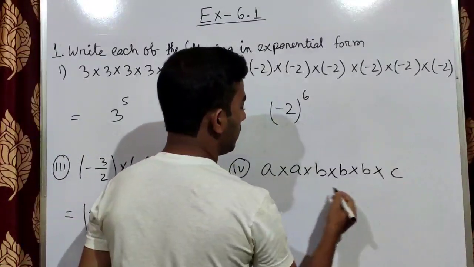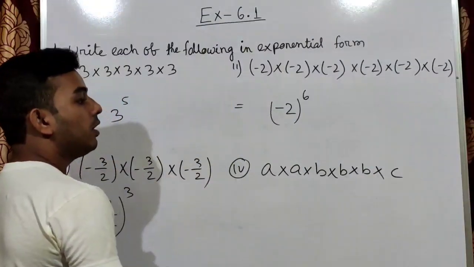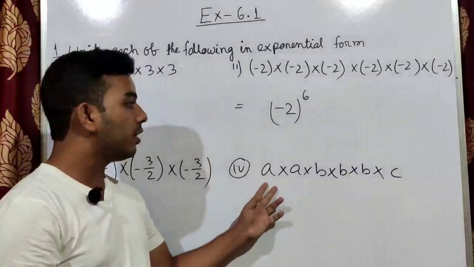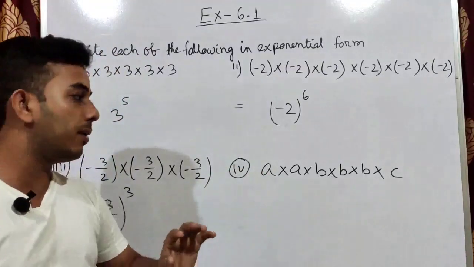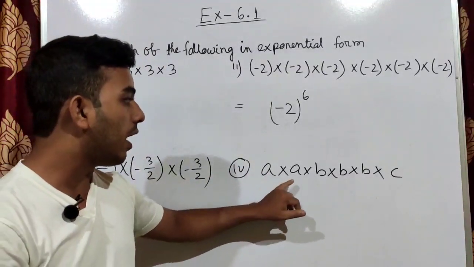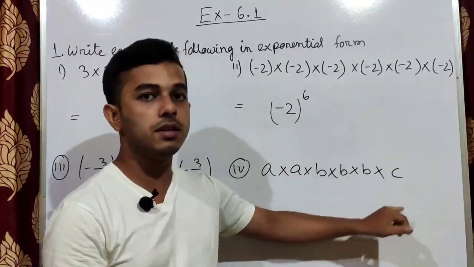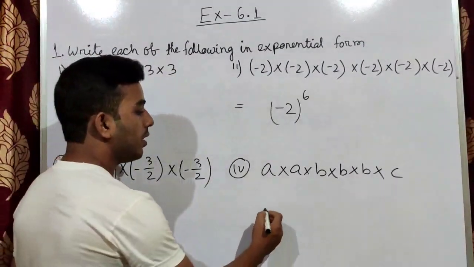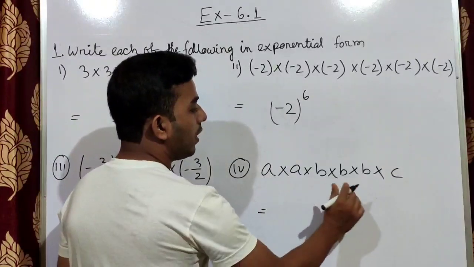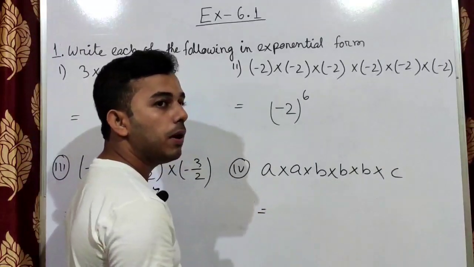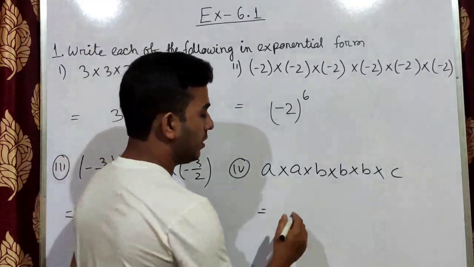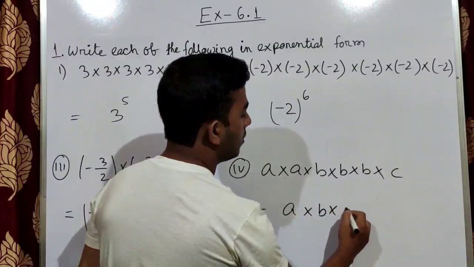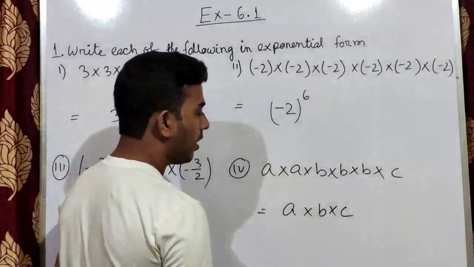We have to express this in exponential form. So there are 3 numbers, right? For example, one is a, another is b, another is c. Each of them is multiplied with each other. So first of all we have to write these 3 numbers and multiply each of them with each other. That means a into b into c. Up to this clear? Okay.